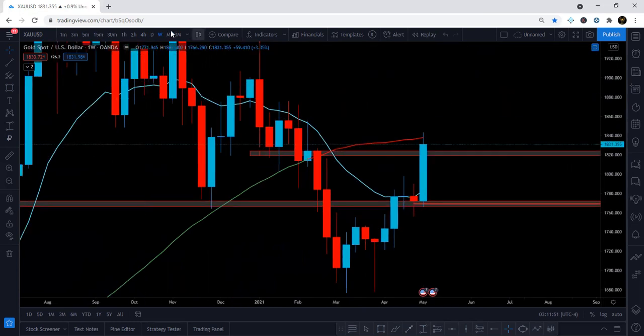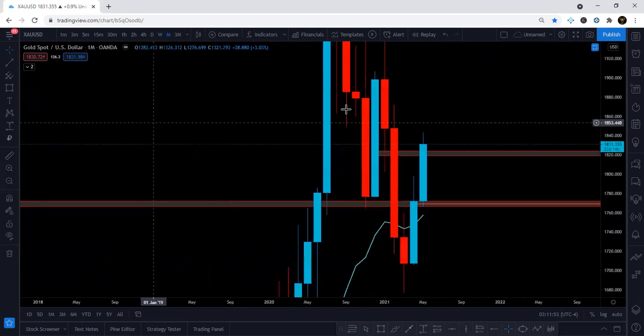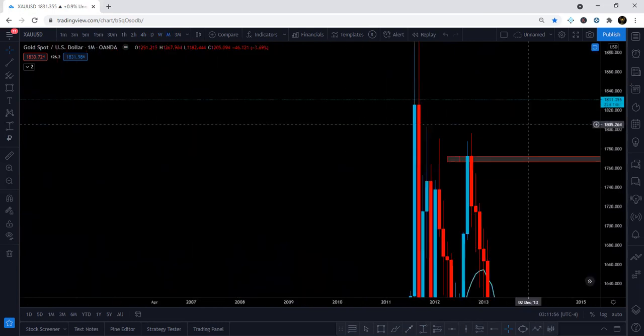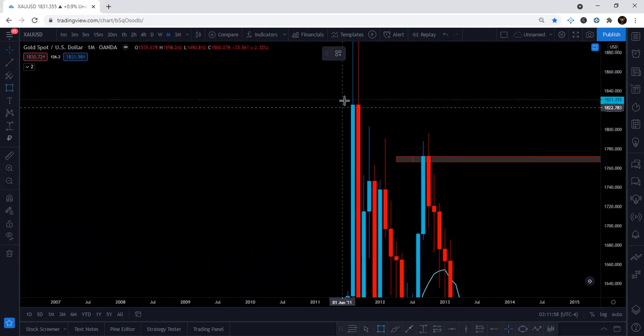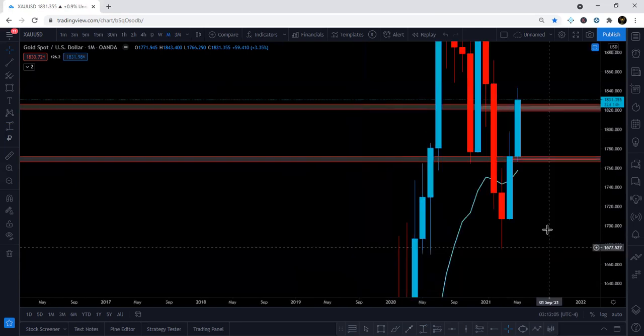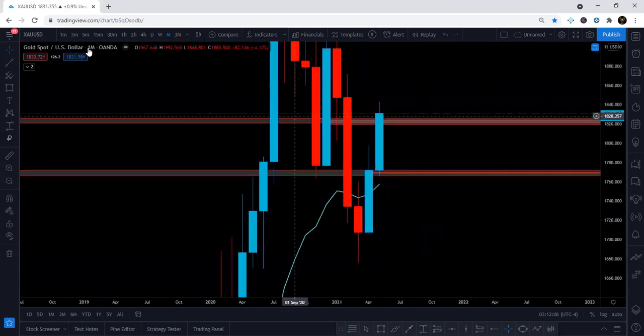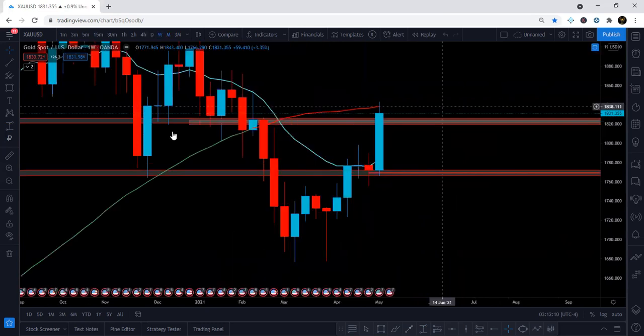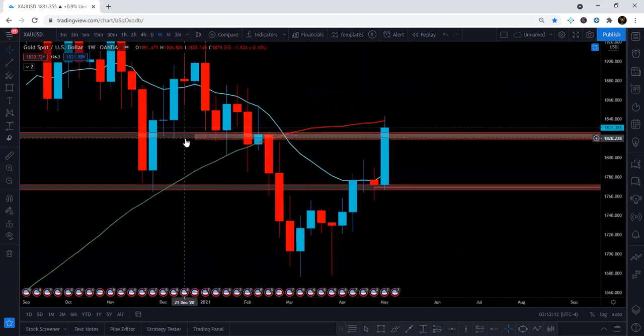And if you go to monthly here, you will see that we have another zone that we closed above too. Right? Go back. As you can see, we closed above that zone to the left too in the monthly. So let's focus on this one.